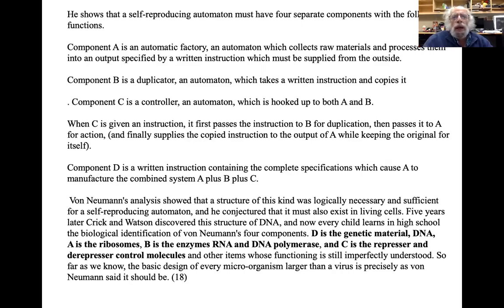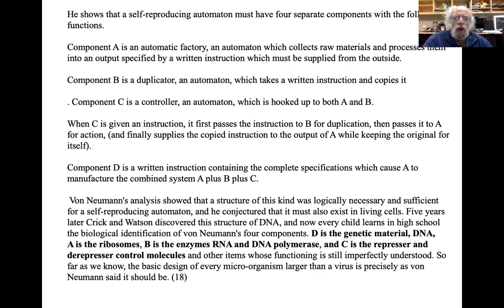So the component A is an atomic factory, which collects, it said it's a ribosome. B is a duplicator, an automaton, which writes an instruction and copies it. C is a controller, which is hooked up to A and B. C is given an instruction. It first passes the instruction to B for duplication, and then passes it to A for action. And D is the written instruction containing the complete specifications which cause A to manufacture the combined A plus B plus C.